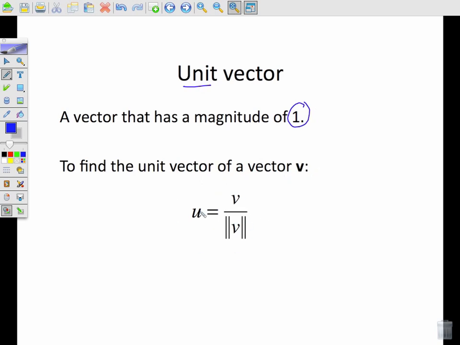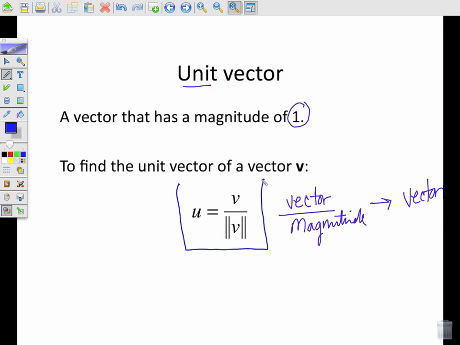So the unit vector, u, is equal to the vector v divided by its magnitude. Now the result of it is another vector. So you're going to want to take this right here and make sure you write down the formula.